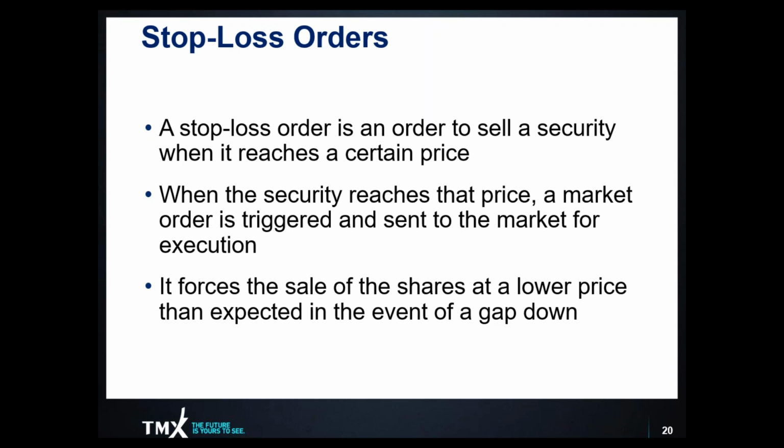So you're not guaranteed to get out of the position at your exact stop loss price point. What happens is that price point you put in is a trigger, and then the order is sent to the market, and ultimately you'll get filled at the market price, which, remember, there could be a significant difference between where you put that order in as a stop loss and where the market is trading at presently.